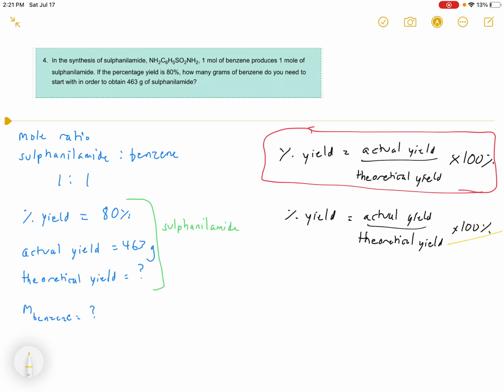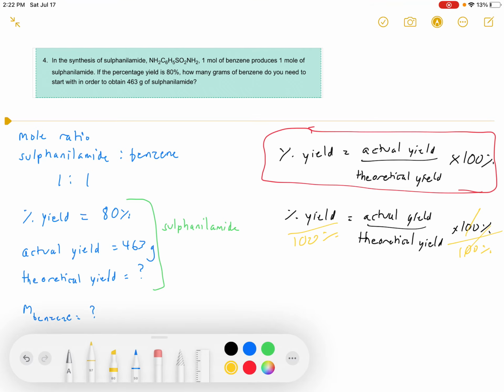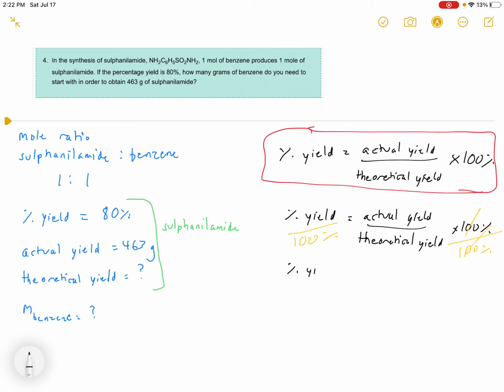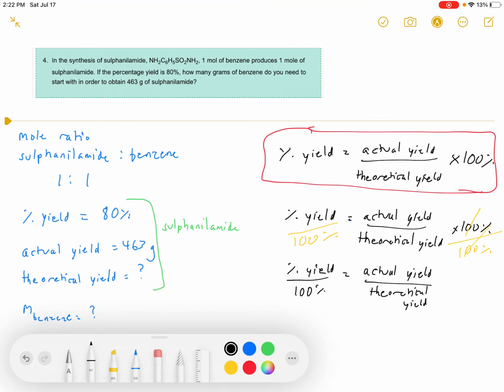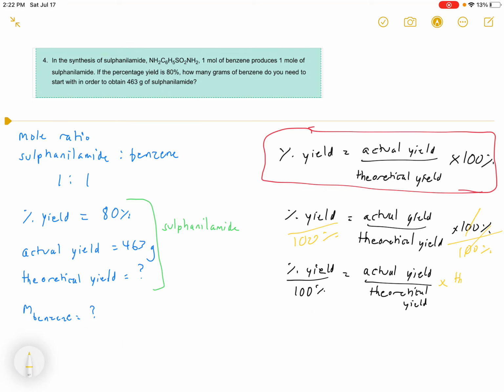And then I'm just going to divide both sides by the 100% because that'll allow us to cancel it out on that side. Then we have percent yield divided by 100% equals actual yield divided by theoretical yield. But we still want to get theoretical yield on its own. So now I'm going to multiply both sides by theoretical yield.